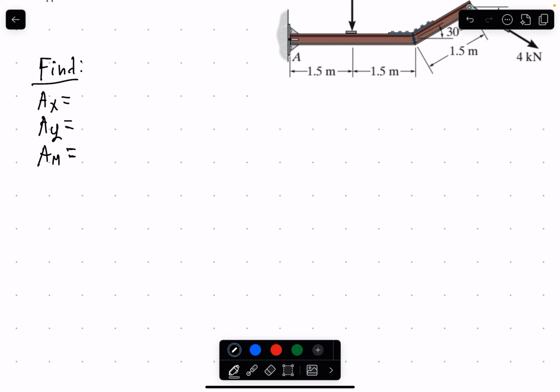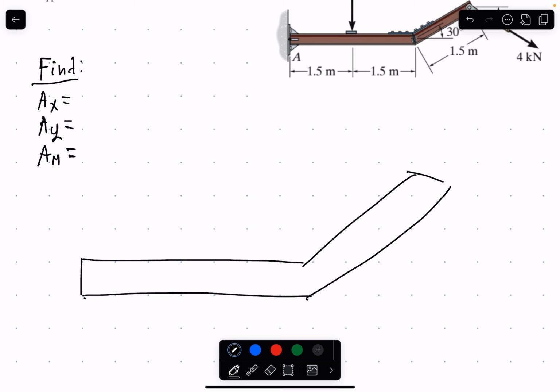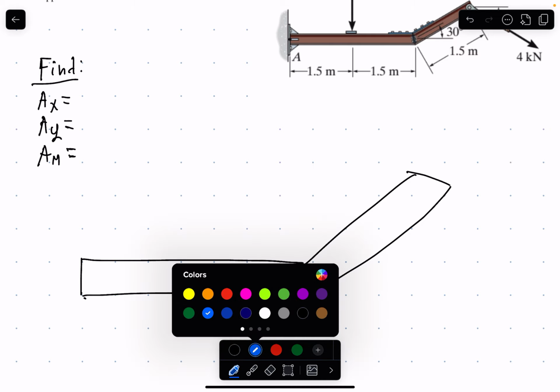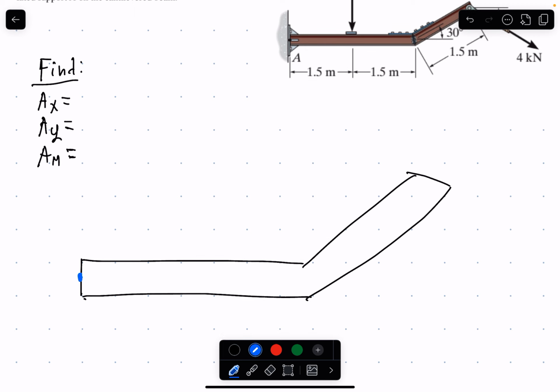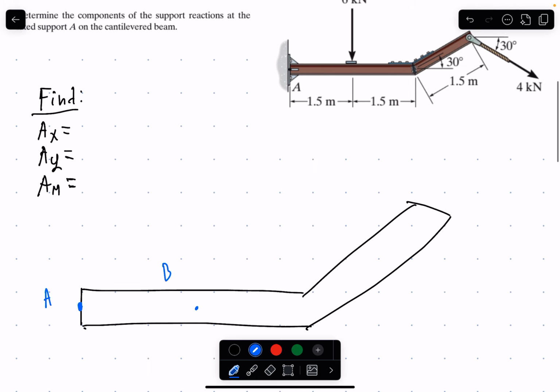Start with the free body diagram. Just label the points. Only given one point right here, just A. So might as well label a couple points here. Let's call it B, and let's call it C over here.